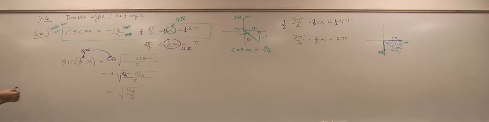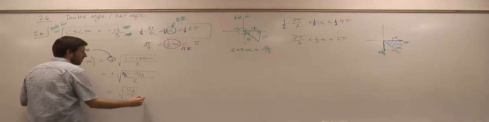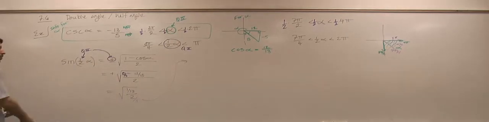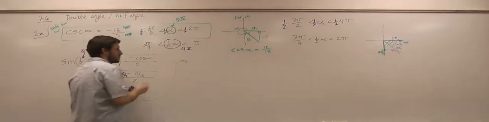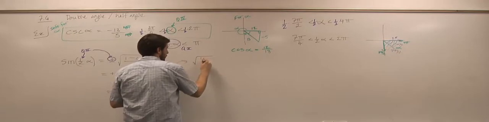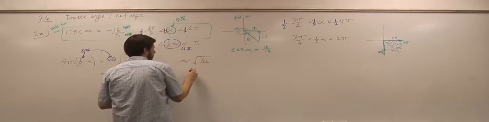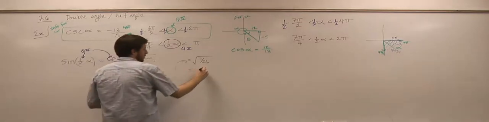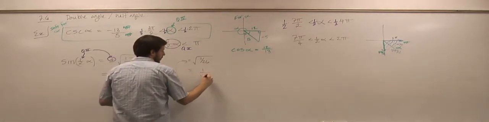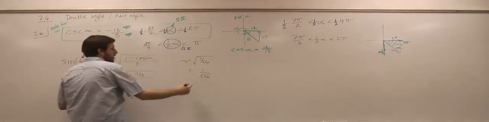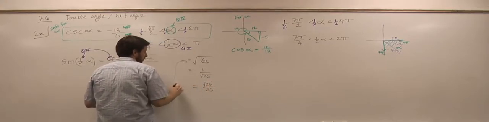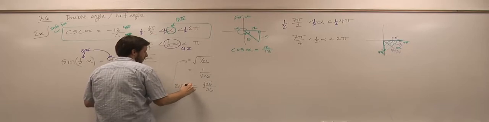So then that 2 becomes a 2 over 1. Flips up. So root 1 over 26. But you know the square root of 1. Easy rationalize. This is sine of 1/2 alpha.